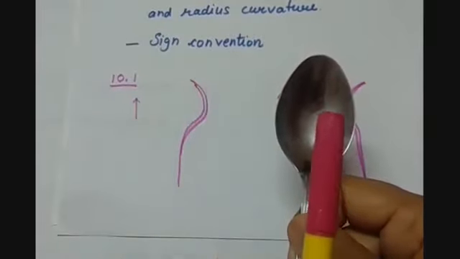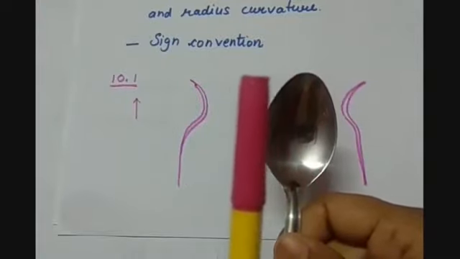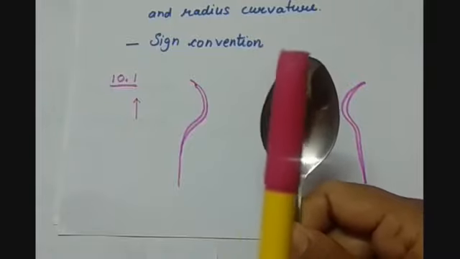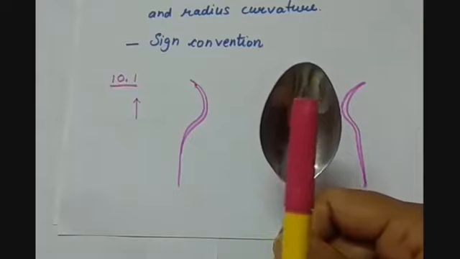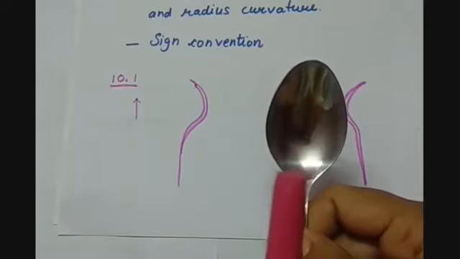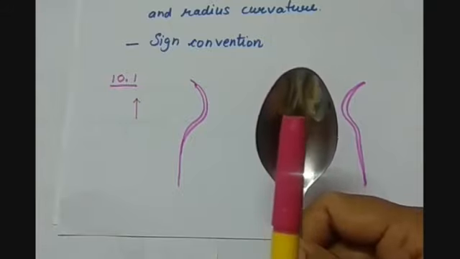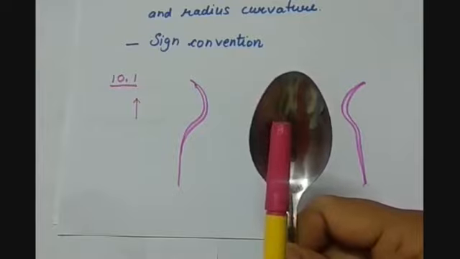So when we place the pen here, you will find that the image is inverted in the spoon and its clarity varies when you keep on varying the distance.